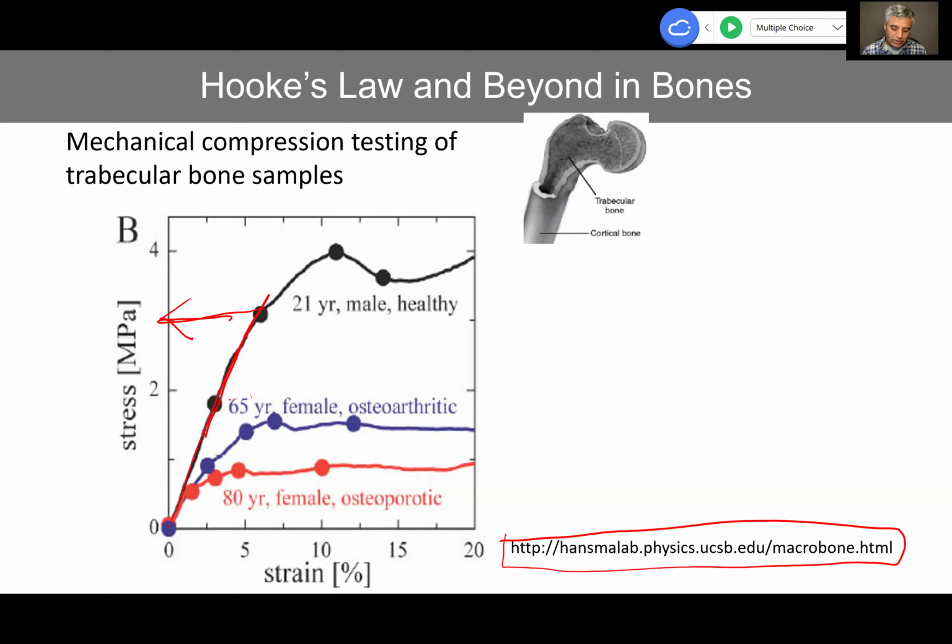But once we grow older and once we have, let's say, a condition, then what happens is the elastic property is in a very small window of the stress.